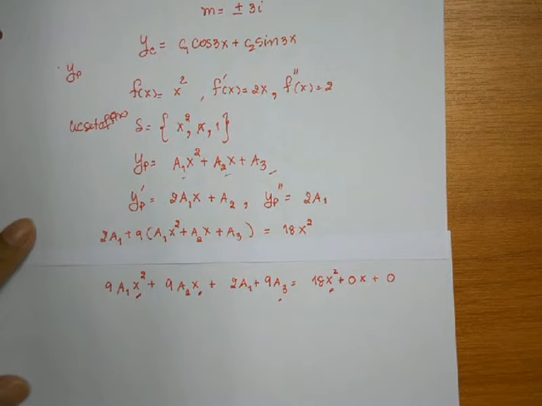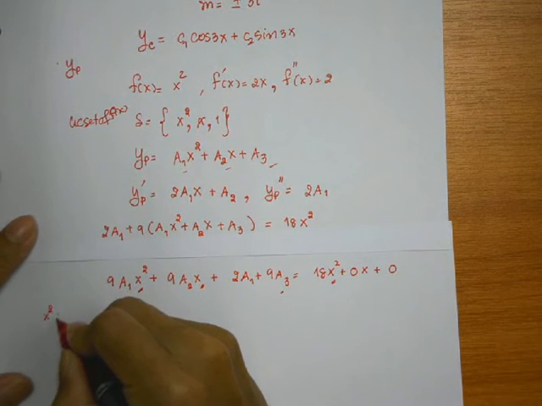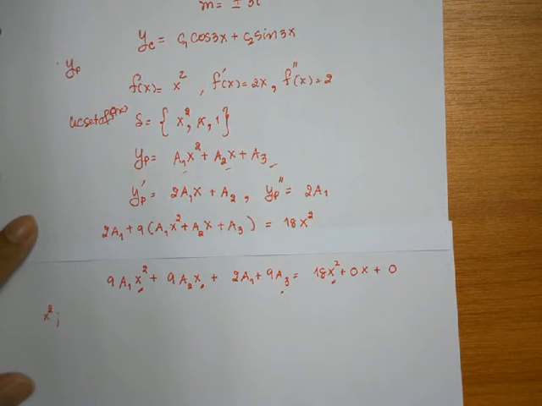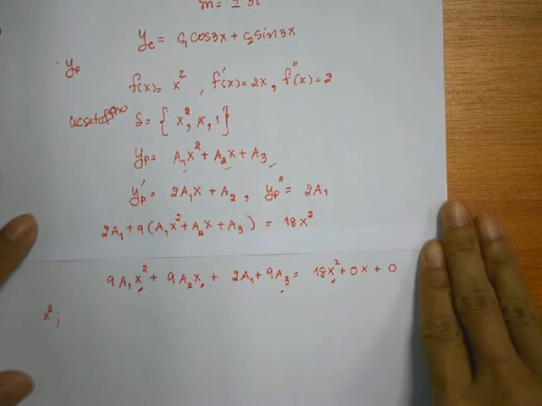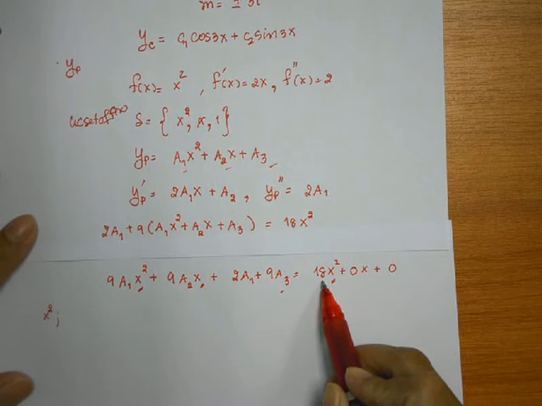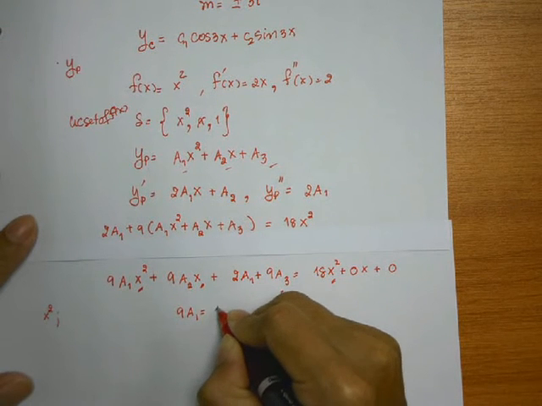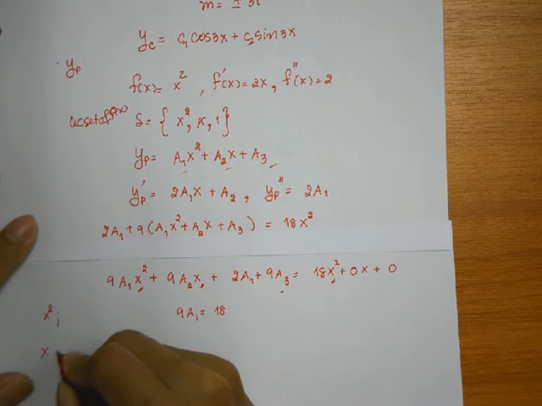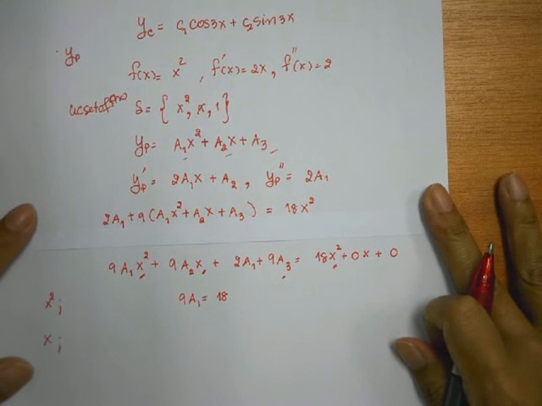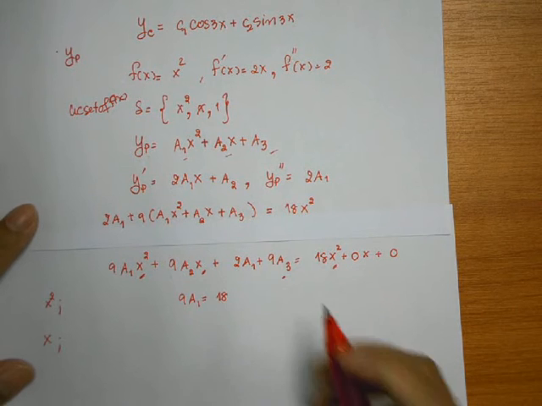And the next step is to compare the coefficient of each function. We take a look at x squared first. If this equation is correct, then 9a1 is supposed to be equal to 18. And then with the x, 9a2 is supposed to equal 0.